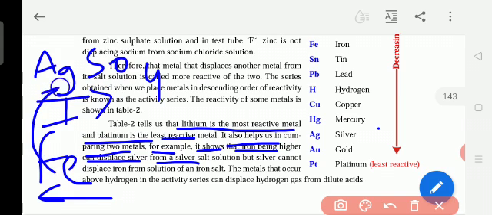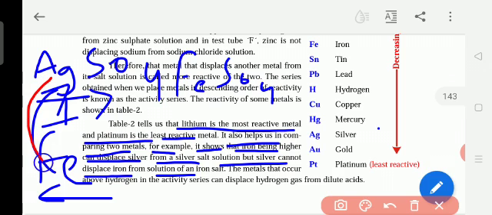So iron can displace the silver, iron can take the place of the silver, giving FeSO4 salt solution. But silver cannot displace iron from the salt solution. Silver cannot take the place of iron. Why? Because silver is the less reactive.